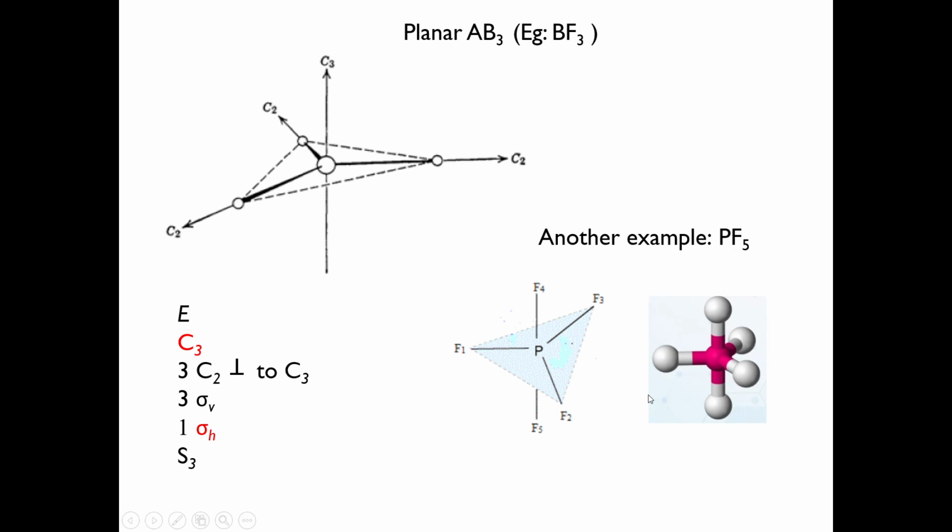So we can see that ultimately it has the same set of symmetry elements and operations that is possessed by the BF3 molecule. So they both belong to the same kind of point group. It is very easily understandable.